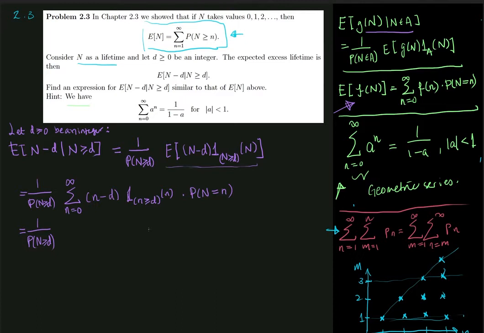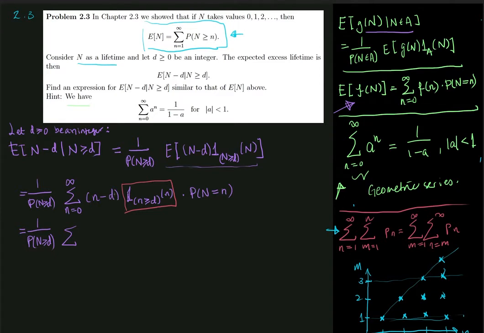And how do we do that? Well, first of all, we can try to remove this indicator function in some way, and we can do that by moving it into the bounds of the sum. Each term inside this sum will only be different from 0 if n is greater than or equal to d. So if d is 10, for example, then for n equal to 0, 1, 2, 3, 4, up to 9, the entire term evaluates to 0, since 0 is not greater than or equal to 10, 1 is not greater than or equal to 10, and so on.